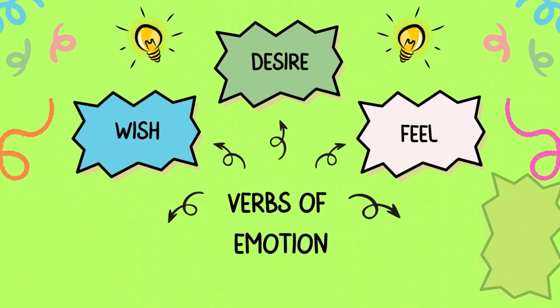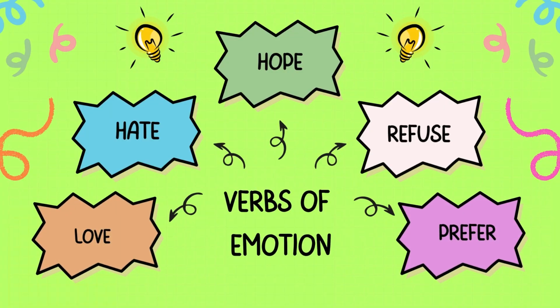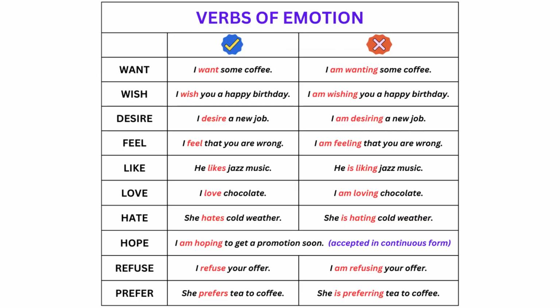The third one is verbs of emotion, that include want, wish, desire, feel, like, love, hate, hope, refuse and prefer. You can again have a look at the tabular form and see how the ing forms of these verbs in such sentences are not accepted.